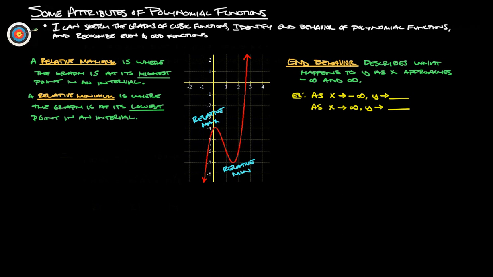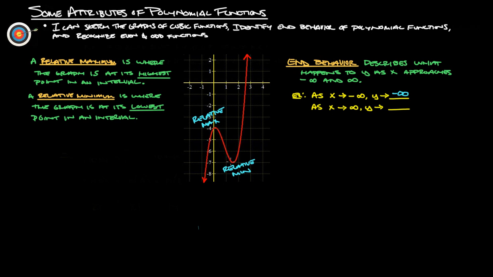We start at -4, -5, -6, -7, -8. This has got an arrow pointing down, so that means it goes down forever and ever. So y would be going towards negative infinity.